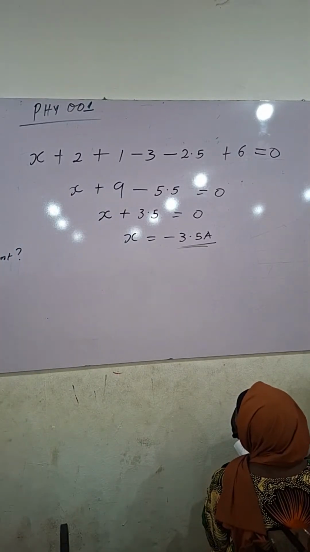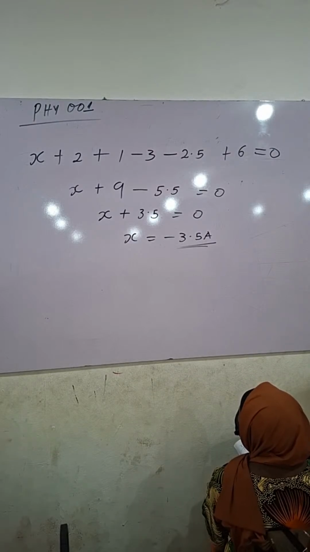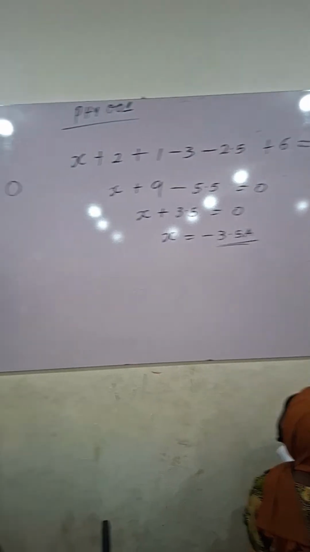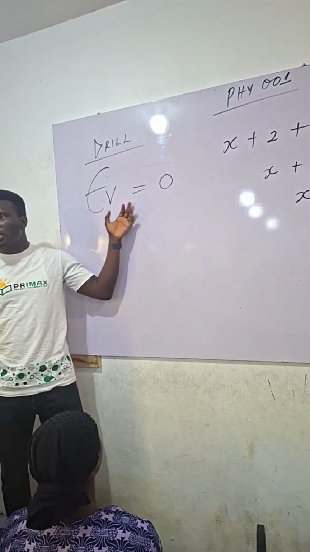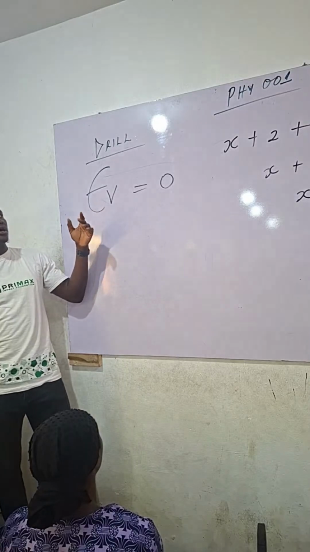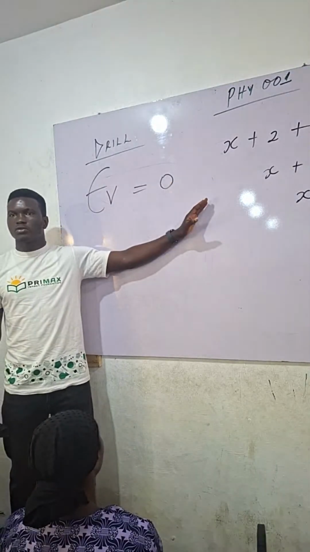So what that is saying is that the sum of voltages is equal to 0. So in your exam, you don't see most of these questions in your past questions, but JAMB asks them now. I have seen them before. So the sum of the voltages will be equal to 0 in a loop.